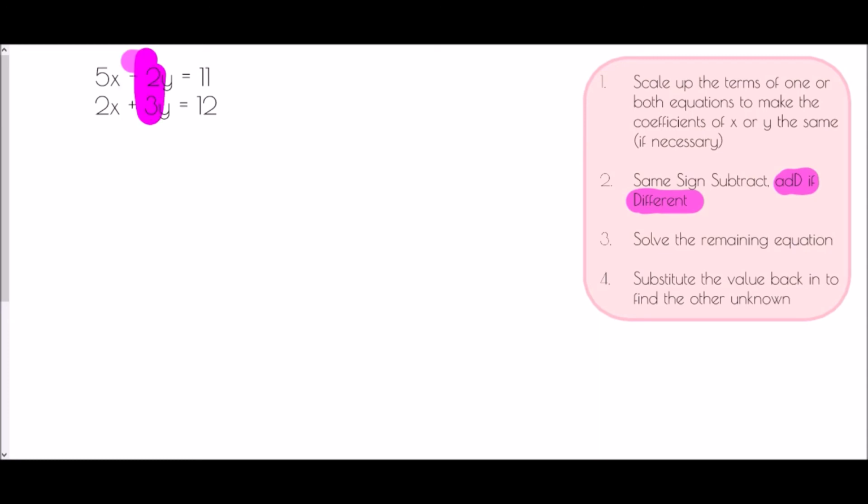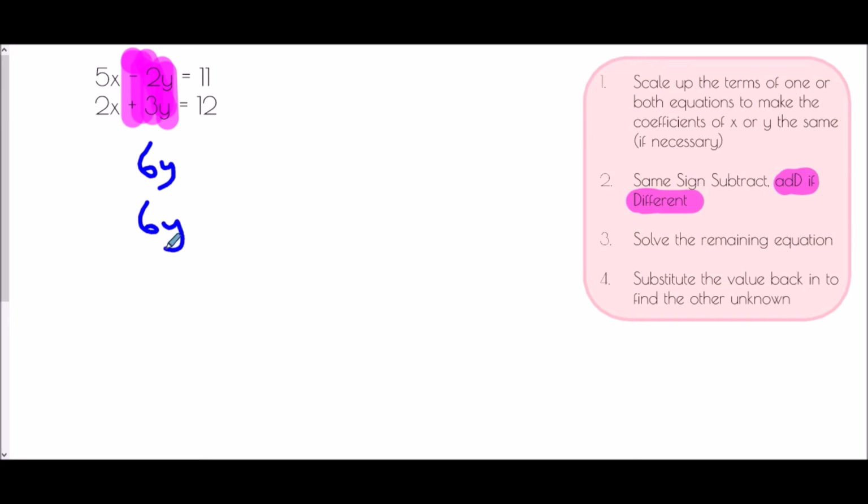And so what I would like to do is make the y's the same. And how would I do that? Well, if one of them is 2y and one of them is 3y, the easiest way to make them match is to make them both 6y, basically multiplying the two numbers together.